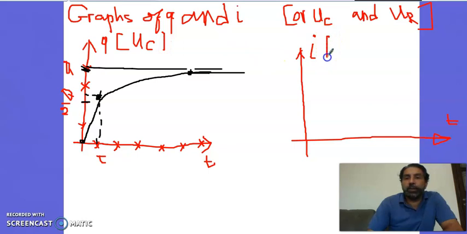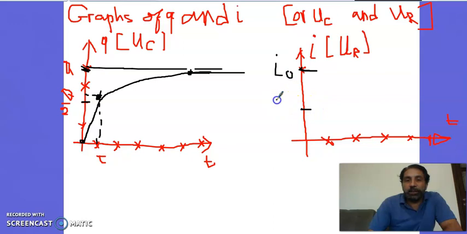And this is also, you can say UR, as I said before, because it is proportional to I. So do the same scale: 1 tau, 2 tau, 3 tau, 4 tau, 5 tau, etc. Here is the initial current. This is I0 or E over R. And this is half of it, I0 over 2.